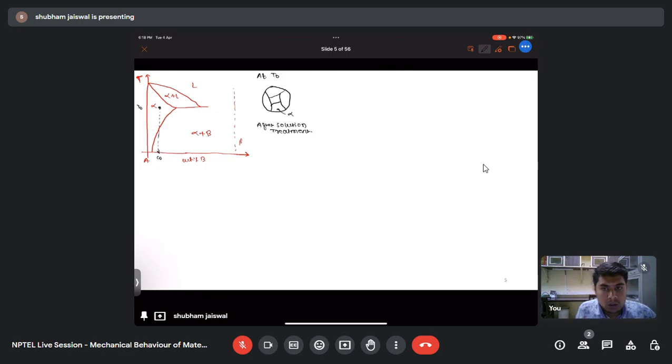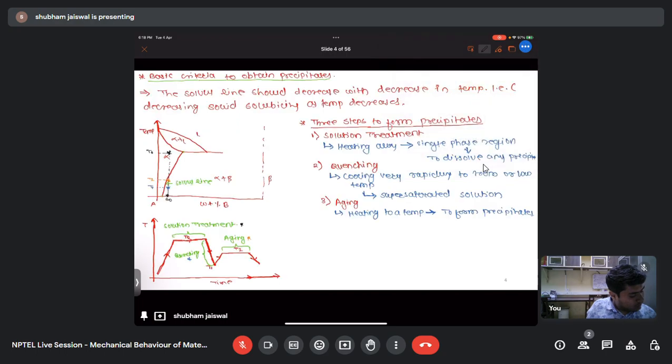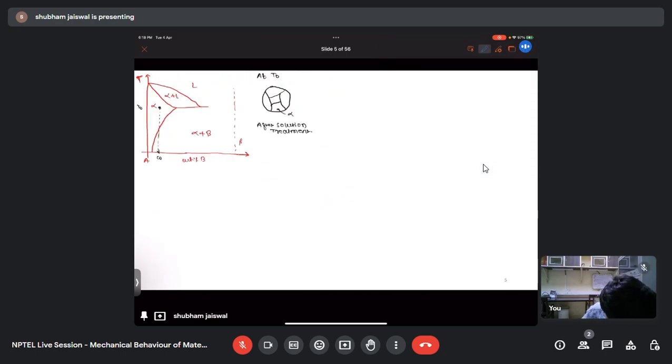If I draw it at the temperature, the blue one, T1, we'll see the same microstructure, but this is also alpha, and this is after quenching, but it is supersaturated.